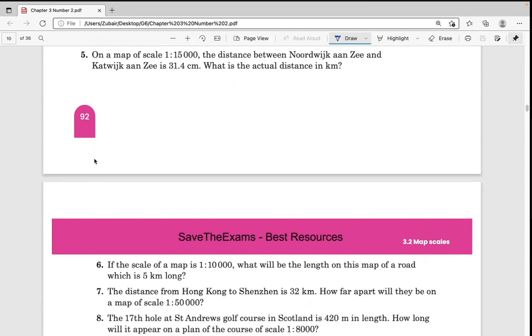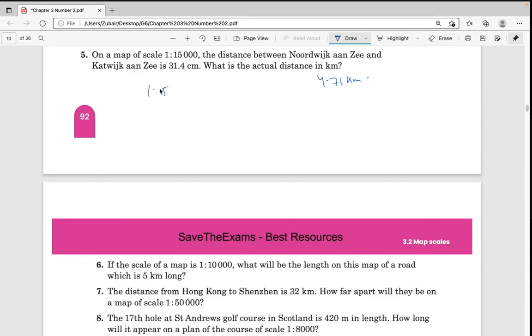Give me a second, calculating. 31.4 times 15,000. Actual distance in kilometers, 1, 2, 3, 4, 5 zeros. Very good, 4.71 kilometers.